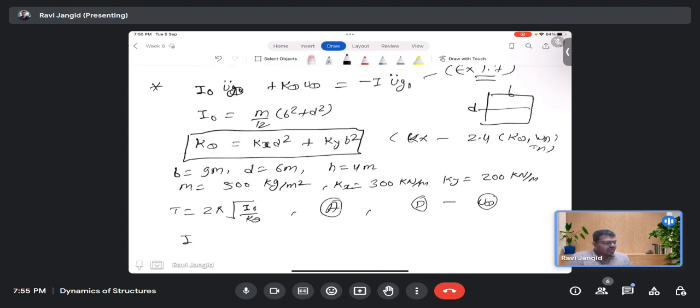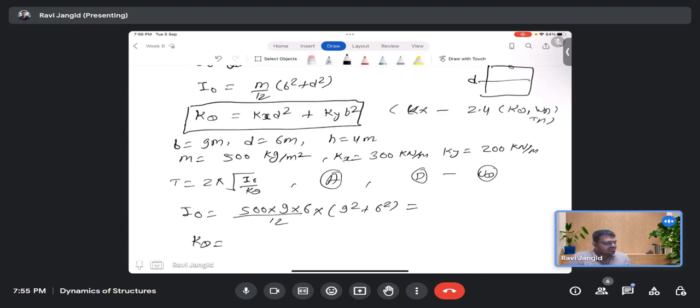So I naught: m is given as 500 kilogram per meter square. So m is 500, b is 9, d is 6, so 500 by 12 into 9 square plus 6 square. Can you give me the value for the I naught?